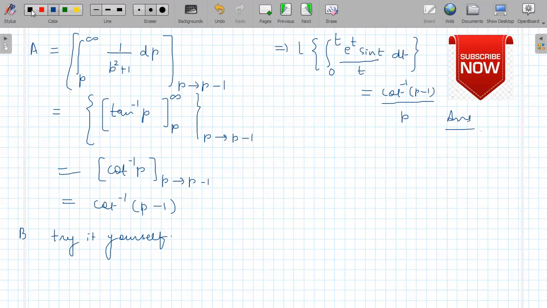Next example is: evaluate the Laplace transform of the integral from 0 to t of e to the power minus t cos t dt.